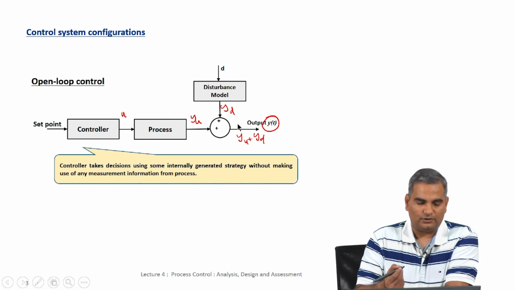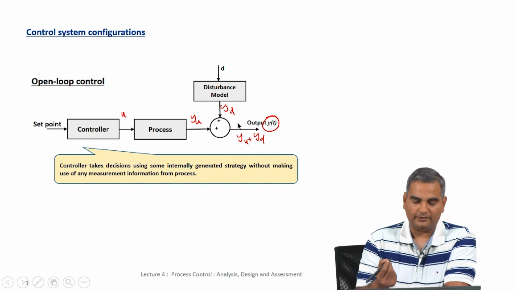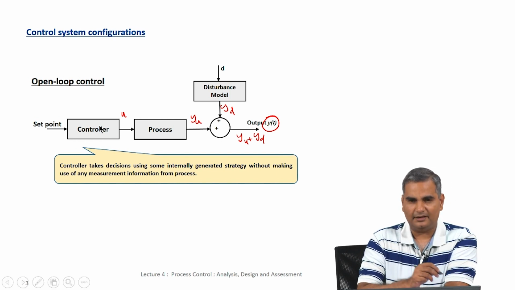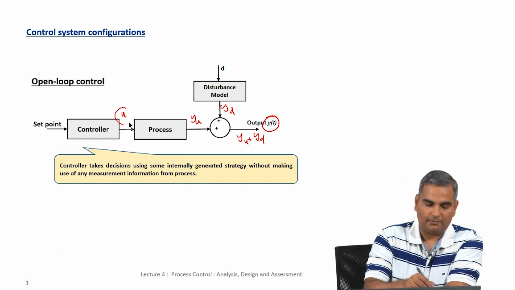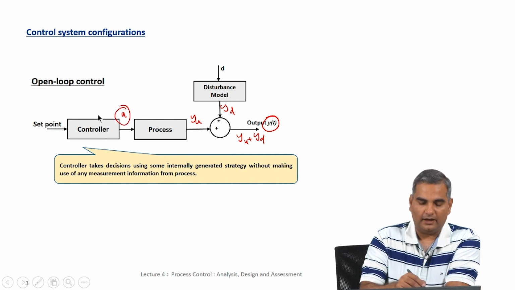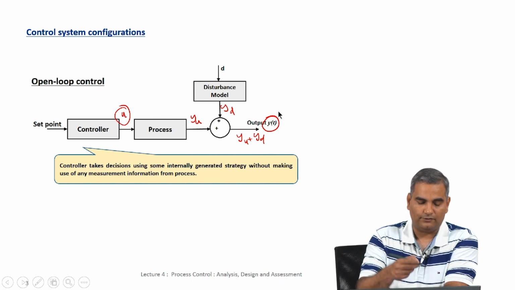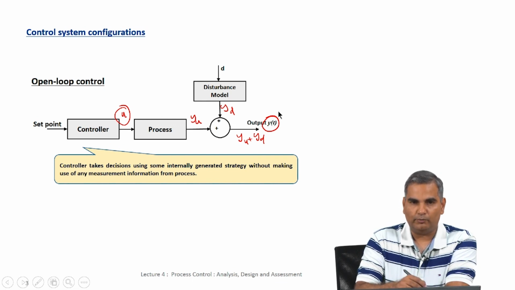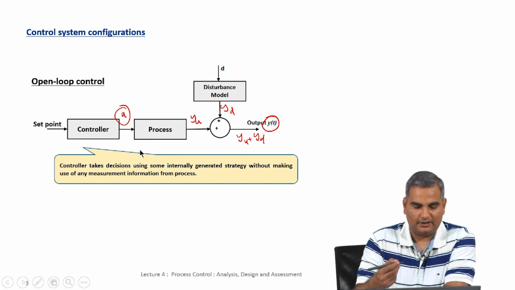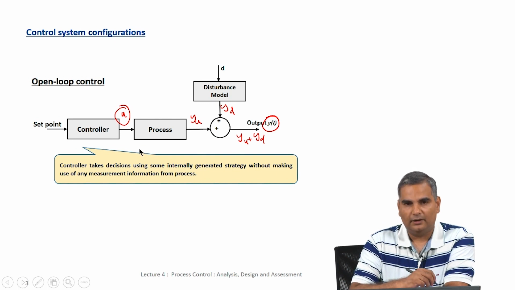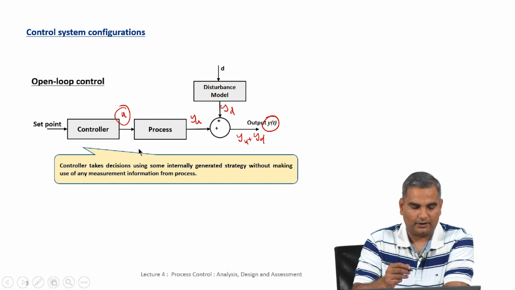If we talk about simple open loop control, what you are saying here is you give a set point to the controller and then it decides that this is the manipulated variable value I am going to keep, and then waits till the output reaches a certain value. If you have a notion of a model of the process, then you might say that if I keep this manipulated variable value at this level, then I am likely to reach this value for the output, and that is the basis for my controller.